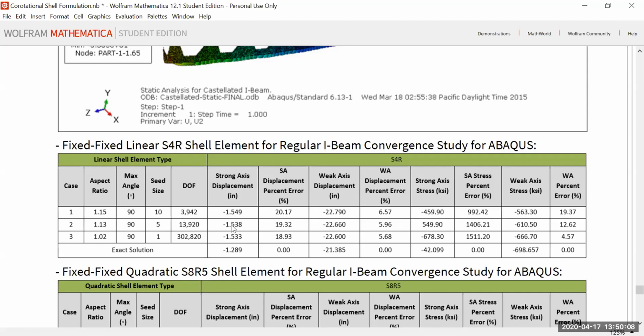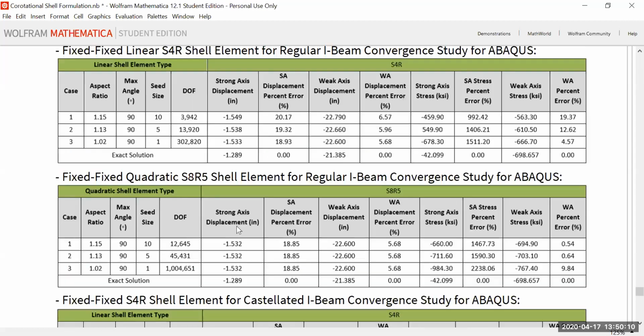They're the same magnitude. And for the quadratic case, I compared it with the linear case, and these are roughly the same.